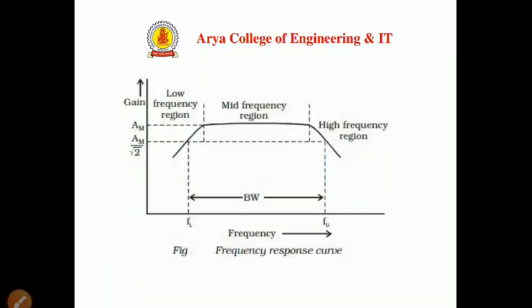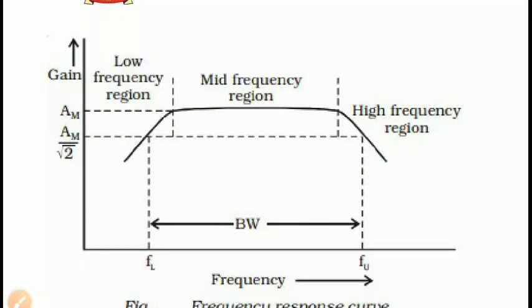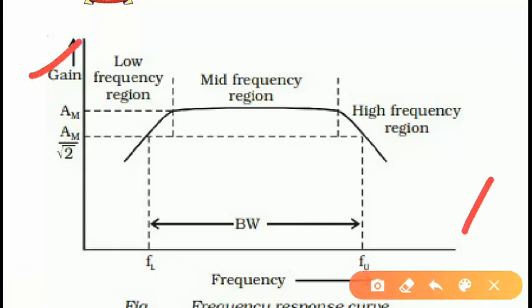Now we have frequency response curve for single stage amplifier. Here is a curve between frequency versus gain. So it is called the frequency response curve, and this is the maximum gain and this is the 70% of maximum, that is AM upon root 2. There is a curve at this section and there is a curve at this section.